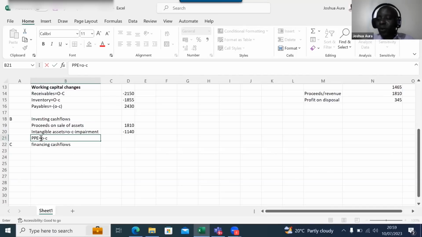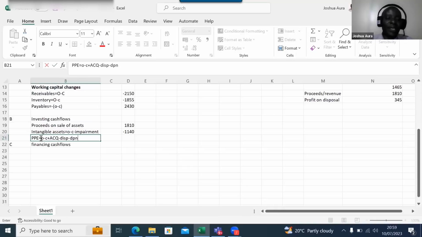Now, in this case here, what may have affected my PPE? I know that in the year, we had some new acquisitions. What else happened to affect my PPE? I must have had some disposals. So disposals reduce. Depreciation reduces this thing. All right. We have revaluation.